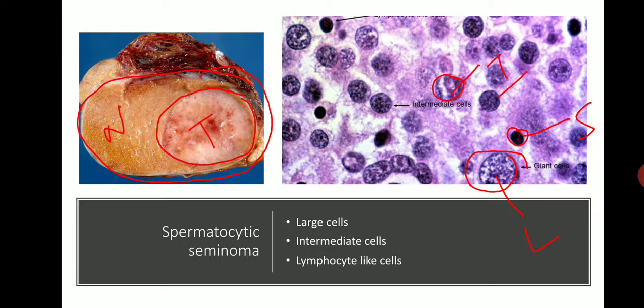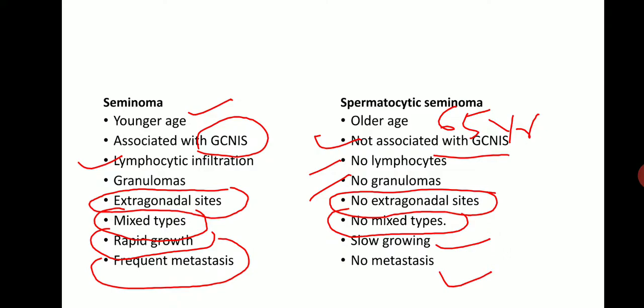Spermatocytic seminomas are entirely different from the classical seminomas. Microscopically, they will contain three types of cells: the large cells, intermediate cells, and the lymphocyte-like cells. And grossly, peculiarly they have a very soft and gelatinous cut surface. The difference between seminoma and spermatocytic seminoma is of importance.